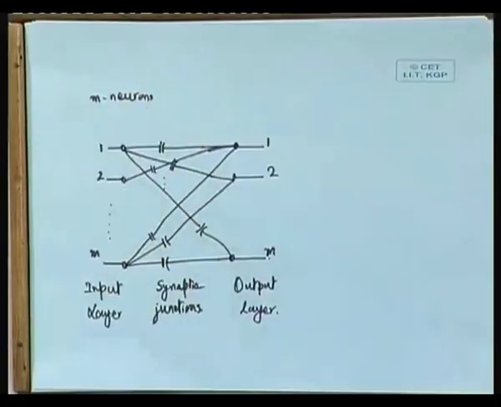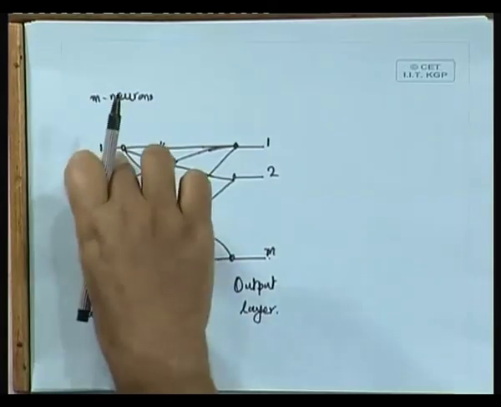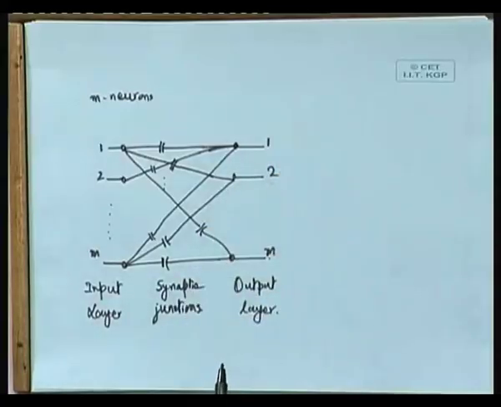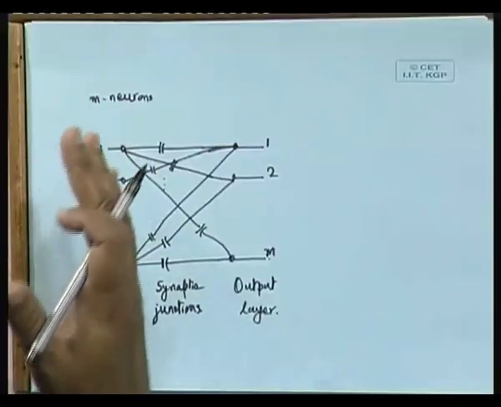So, what happens is that this memory or these synaptic junctions will be responsible for the storage of patterns, in the sense that if we are feeding any input pattern, let us say a particular pattern xk in the form of a vector, in that case we should get the corresponding yk vector, which is supposed to be the output, and if we get that, then one can say that there is an association between the input xk and the output yk, both in the form of vectors.